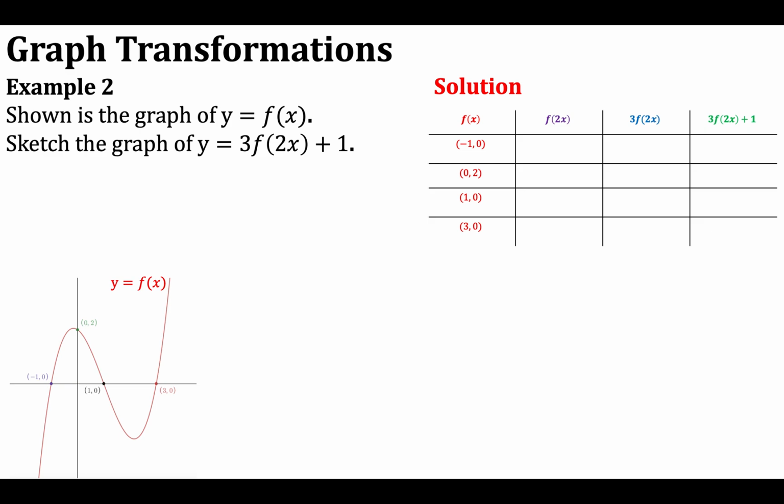Firstly, f of 2x results in horizontal compression. That means that I am halving all of my x ordinates.